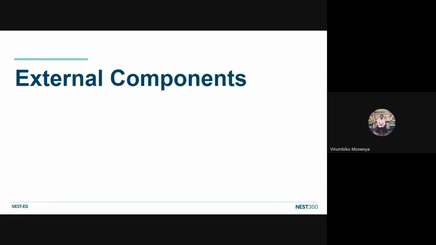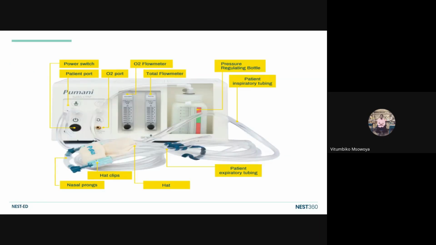So let's run through the external components. Let's appreciate this diagram. I'll start with the left side. There's a power switch, which is normally used to power the machine on and off. We have the patient port, the outlet port for connecting the inhalation tubing, which goes to the baby.